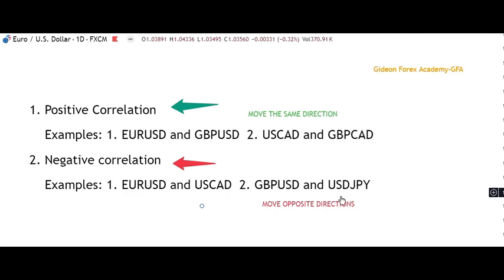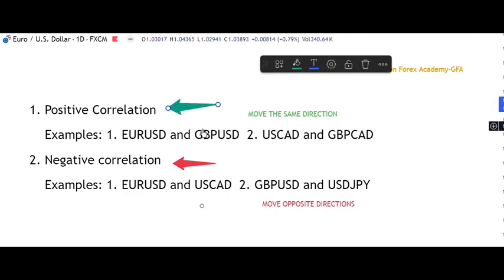The first category is positive correlation. What does positive correlation mean? It means pairs which move in the same direction and usually have the same price action printed on the charts, or the same market structure.